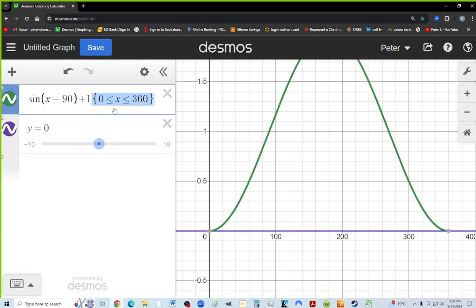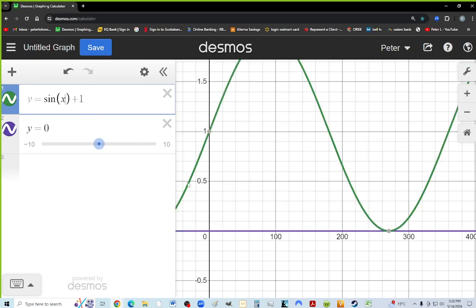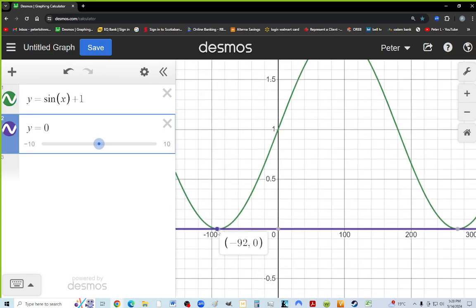Let's get rid of the restriction. We can see that under the normal sine curve, the bottom is also to the left over here, 90 degrees away. It might be easier for me to phase shift it 90 to the right than 270 to the left. We're starting to put this stuff together.